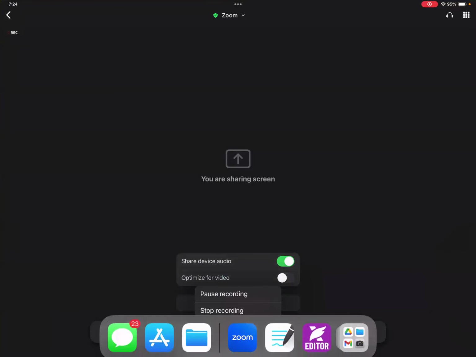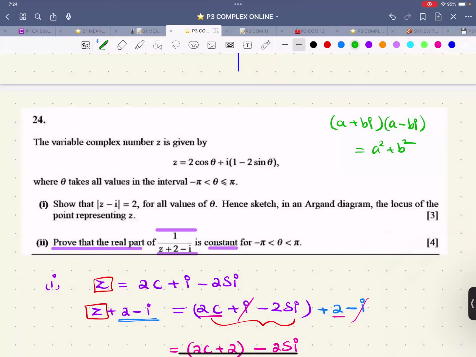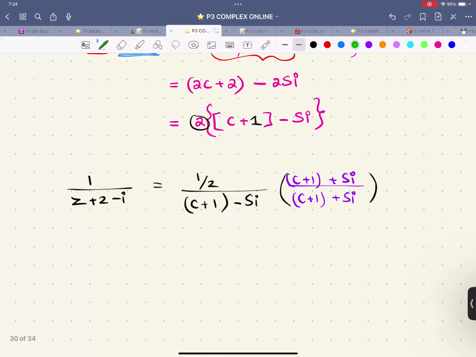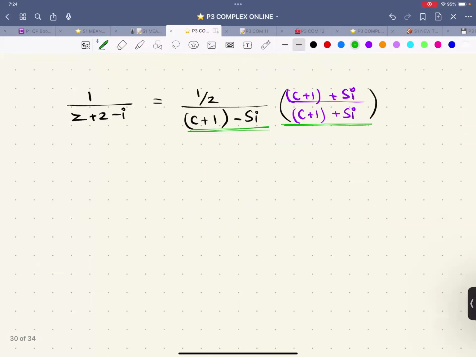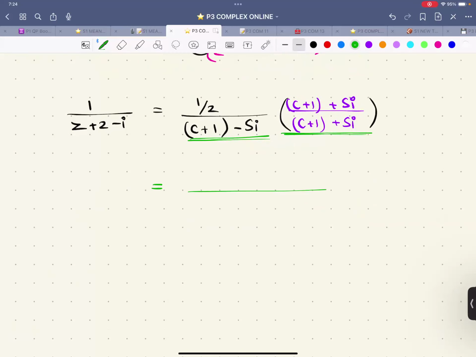Yes, the recording is on. Perfect. So now when I do this, let's focus on the denominator. Therefore, the denominator is c plus 1 whole square plus s square. And we would simplify it a little bit later. This half written in black color remains as it is. This is c plus 1 minus si.